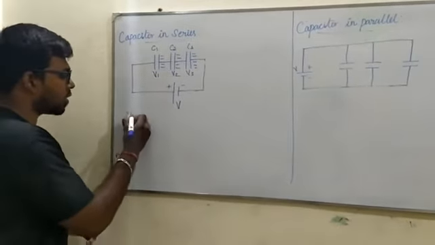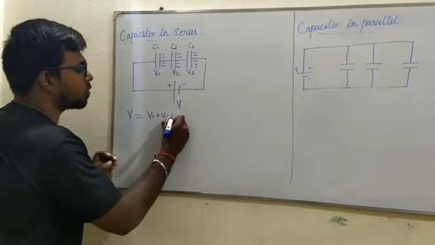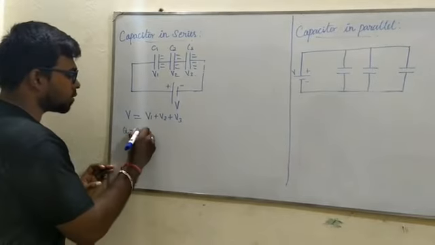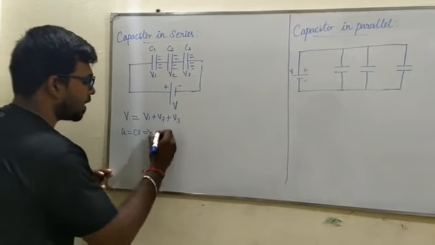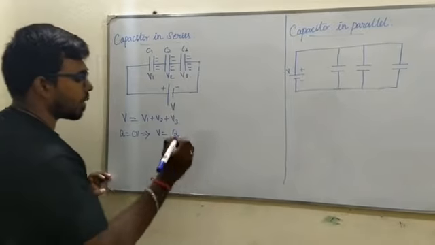Now the total voltage can be written as V equal to V1 plus V2 plus V3. We know that Q is equal to CV, which implies that V is equal to Q by the total capacitance.